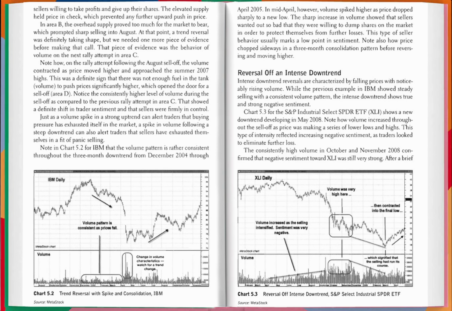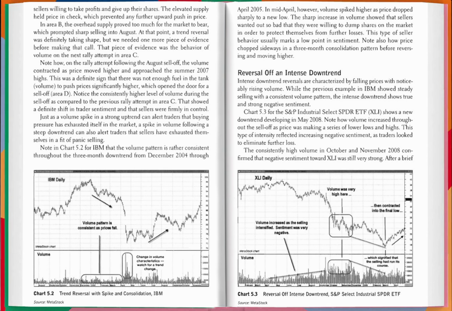Intense downtrend reversals are characterized by falling prices with noticeably rising volume. While the previous example in IBM showed steady selling with a consistent volume pattern, the intense downtrend shows true and strong negative sentiment. Chart 5.3 for the S&P Industrial Select SPDR ETF, XLI, shows a new downtrend developing in May 2008.